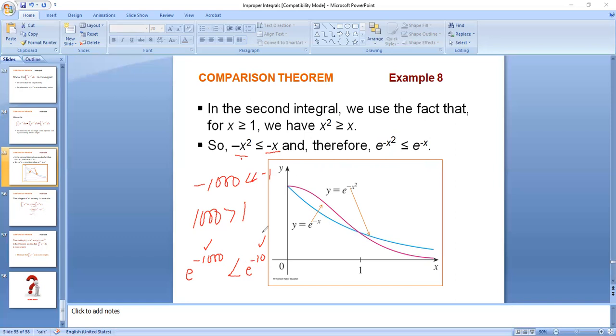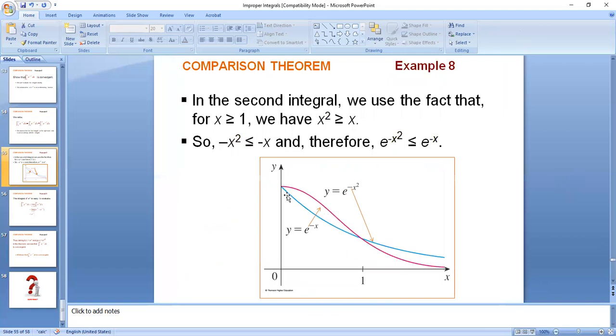If they are plotted, I like to erase what I have written here. This is the curve of e raised to negative x squared. Okay, this is e raised to negative x squared.